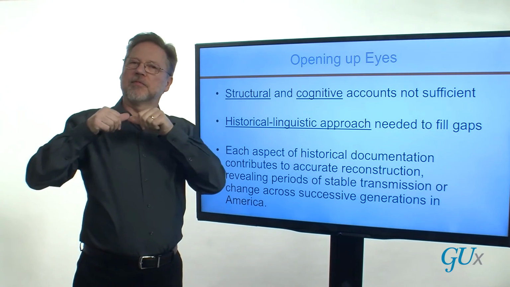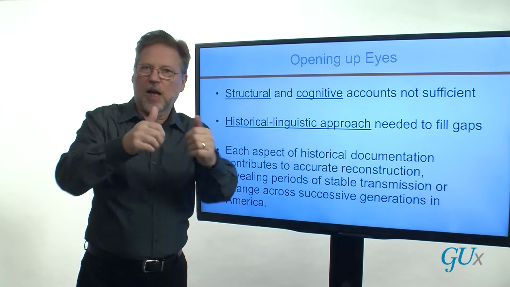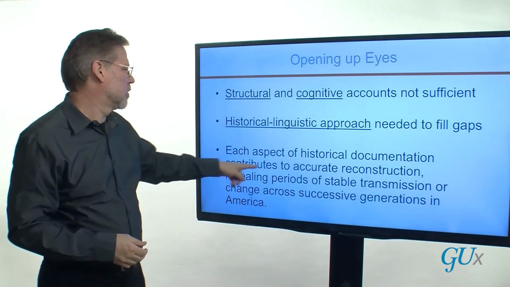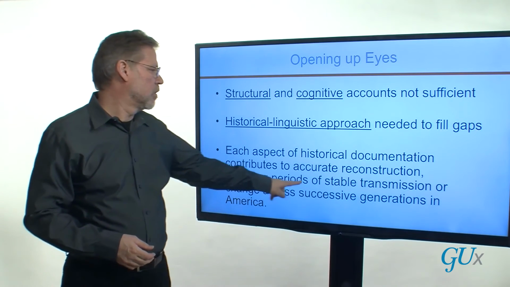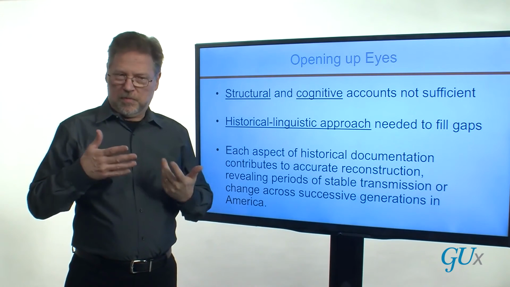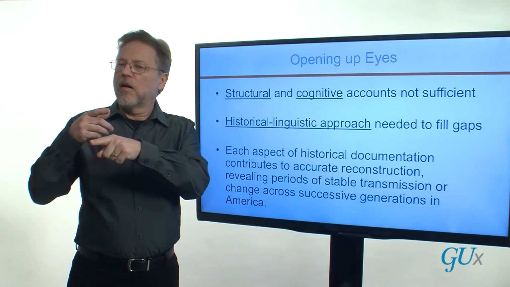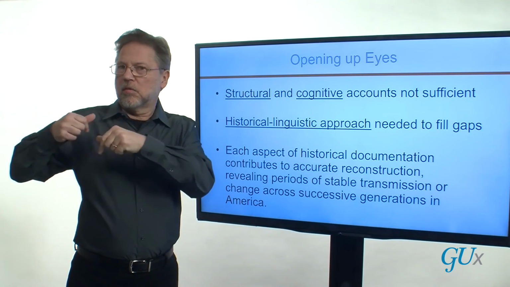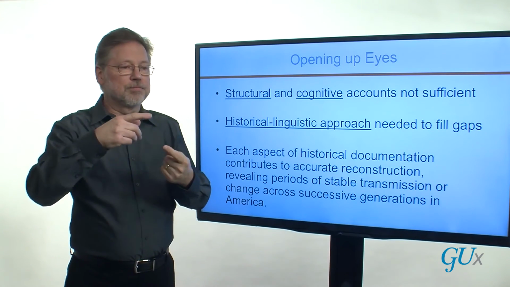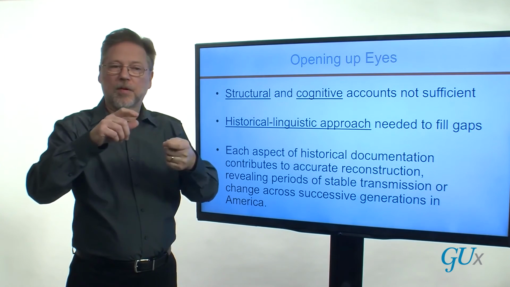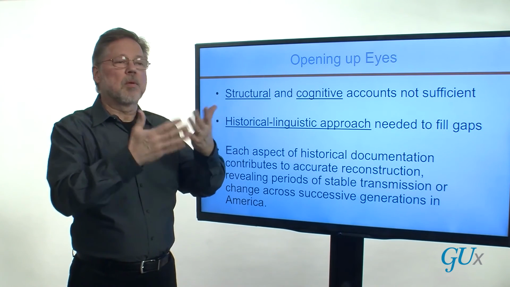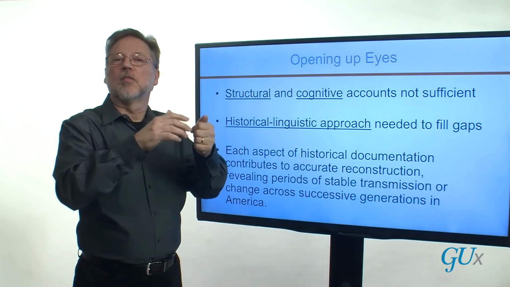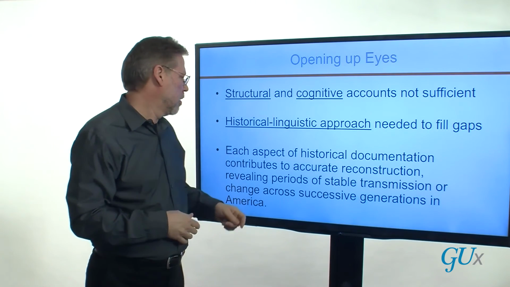If so, you can use this data to help reconstruct their evolution. This would reveal periods of stable transmission or change. It helps to see when an old form was in use and at what point the community may have come into contact with another community, thus causing a faster rate of change. This is one way of explaining change.